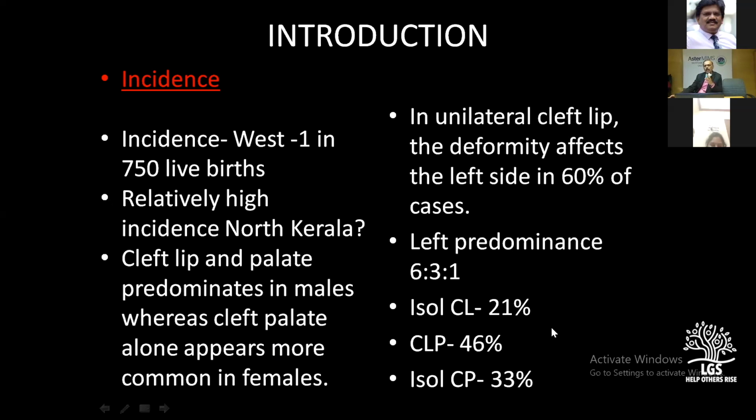And again, if you look at isolated problems, cleft lip and palate predominates, about 46%, followed by isolated cleft palate, which is 33%, and isolated cleft lip is the minority at 21%. So these are things that you should have a basic idea on. I agree, it's boring, and you might think it serves no particular purpose, but as a trainee or a junior, it's a good idea to know all this.